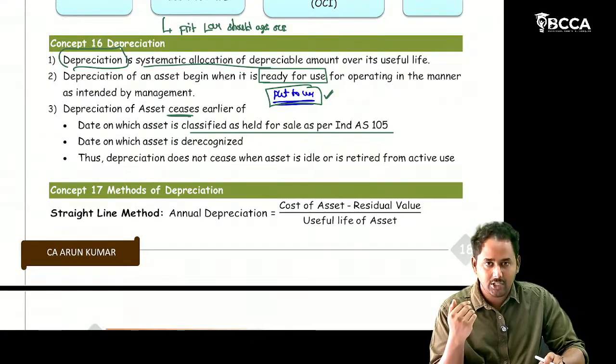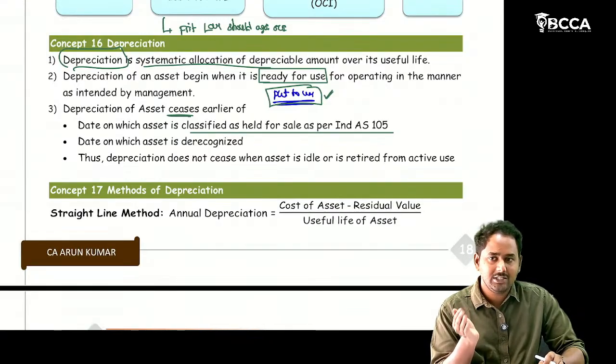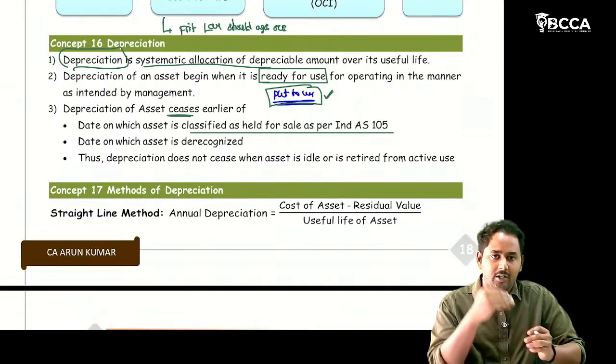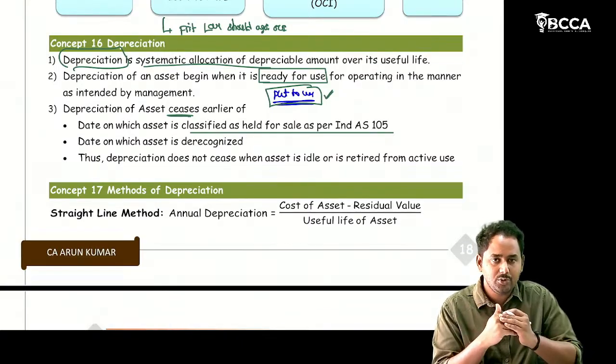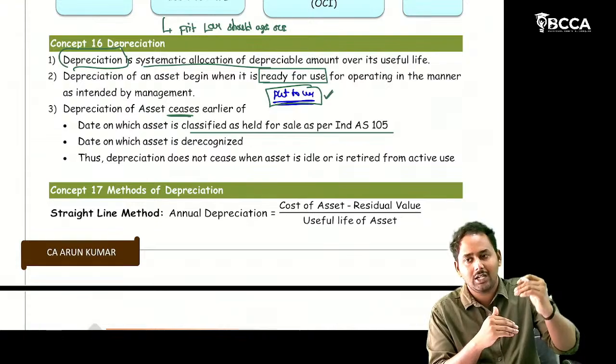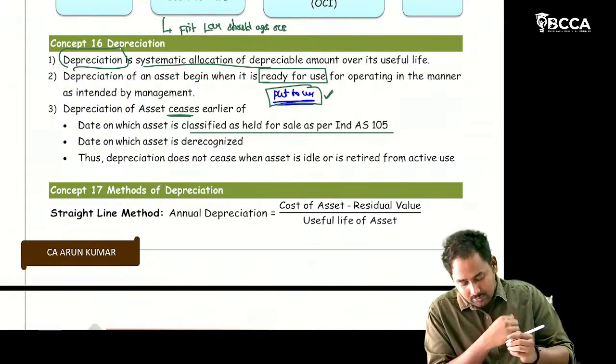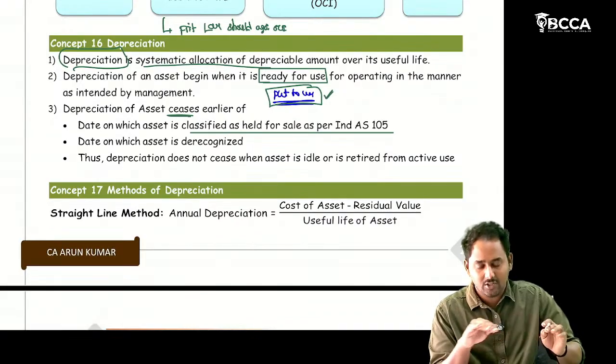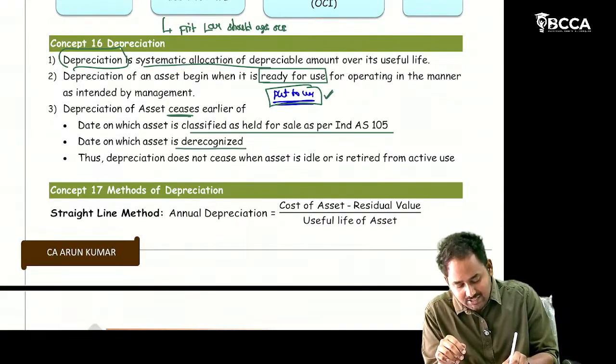How is it communicated? You should transfer the asset from PPE to Ind AS 105 non-current assets held for sale. So instead of showing it under PPE in the balance sheet, you should show this asset under non-current assets held for sale. If the classification is made, then depreciation of the asset should cease. Then the date on which the asset is derecognized.